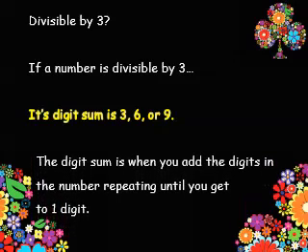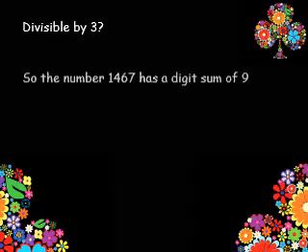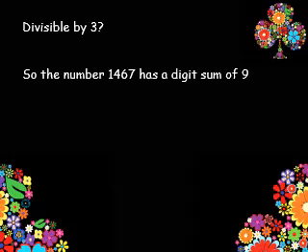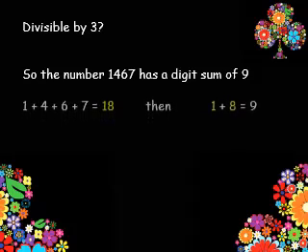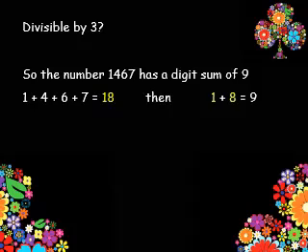As a rule, the digit sum is when you add the digits in the number, repeating until you get only one digit. For example, you have here the number 1467. If you add the digits, I'm going to add 1 plus 4 plus 6 plus 7.